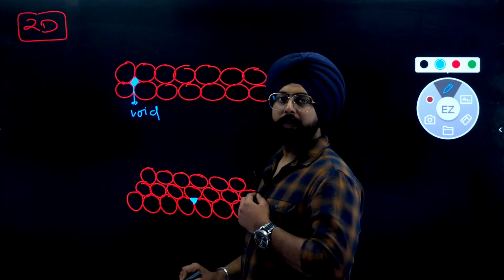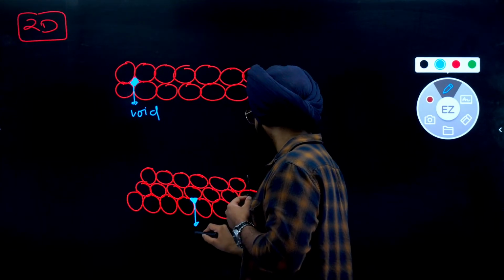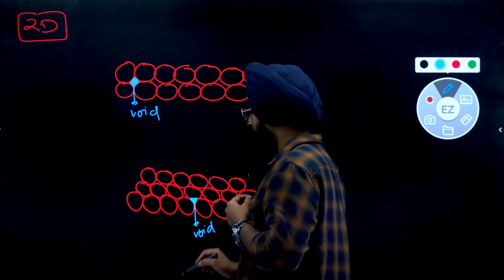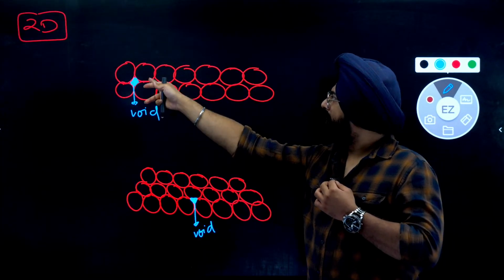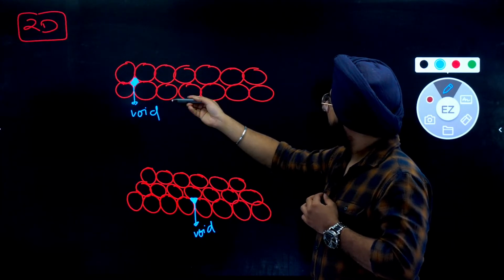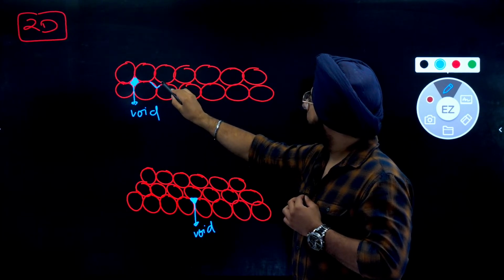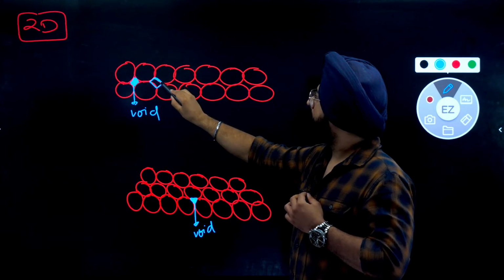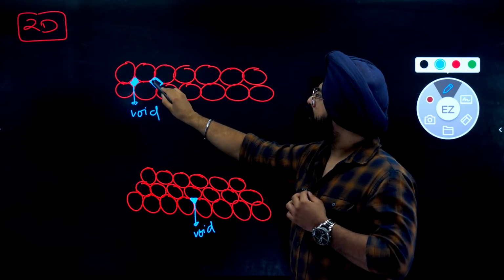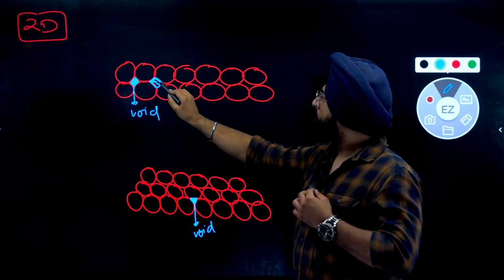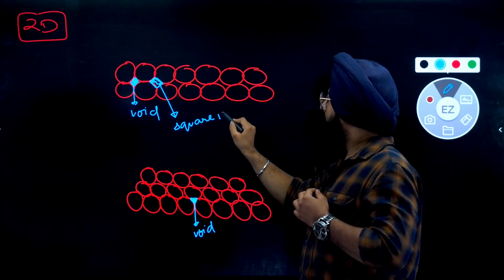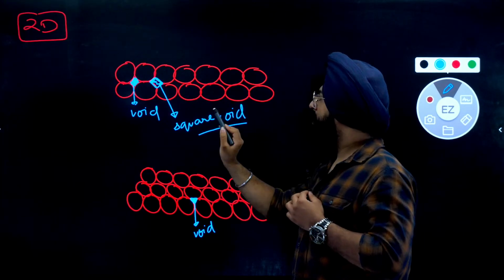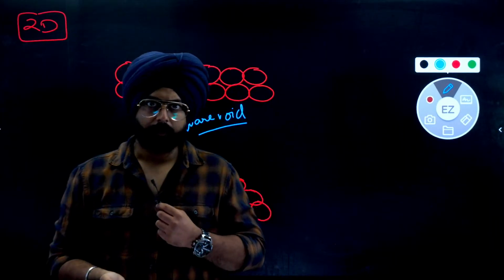This gap is basically a void. Fine. Now in 2 dimensions, this particular void, if I'm very imaginative, I can see a square over here. So I can call it a square void. This is just for 2 dimensions. In 3 dimensions, we'll give fancier names.